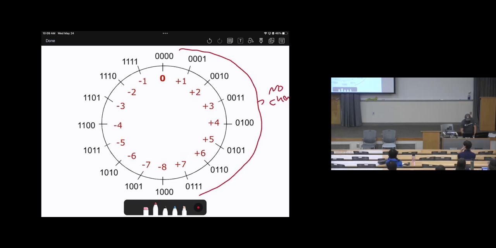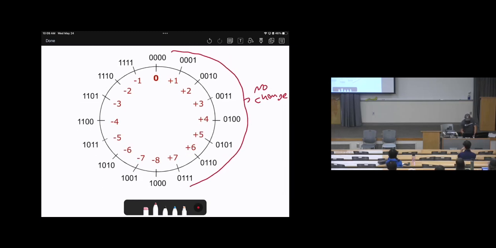So we realize that with the 2's complement, we are representing negative numbers in an easy way. There will be no more positive 0 and negative 0. There will be a new value that we see here, negative 8.